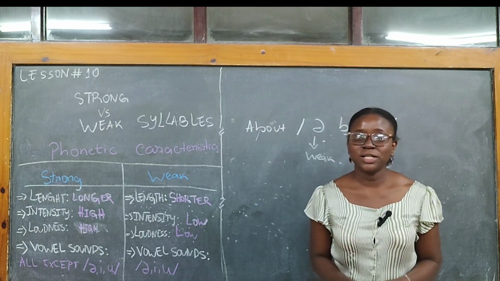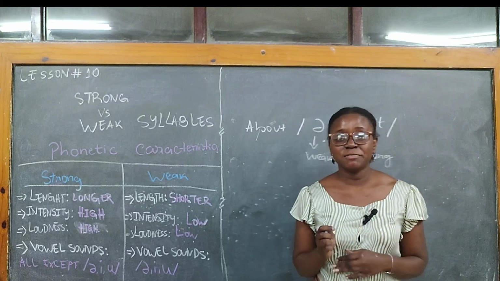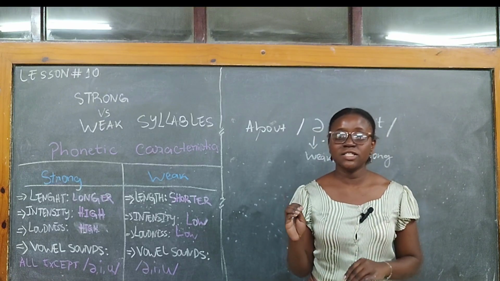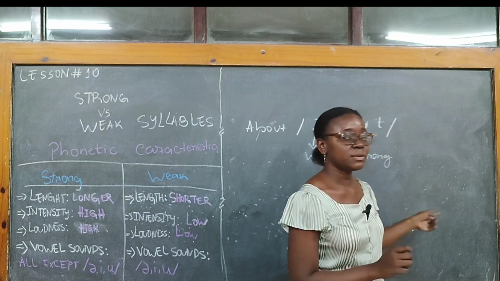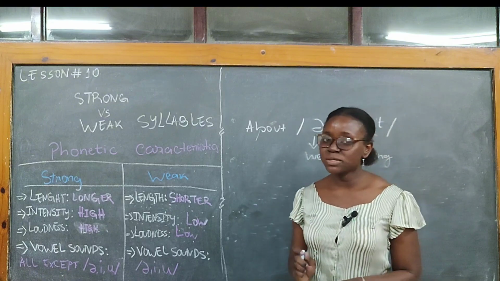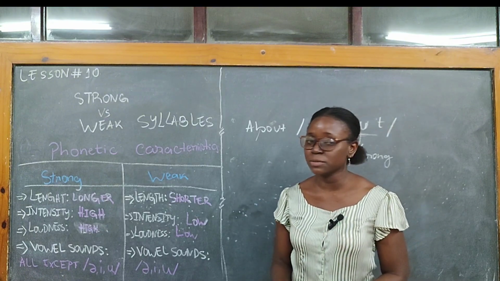But when we articulate the syllable about, we can notice that the pitch of our voice rises. If there is a rise in the tone of our voice, that means that we are before a strong syllable. So strong syllables sound louder than weak syllables.